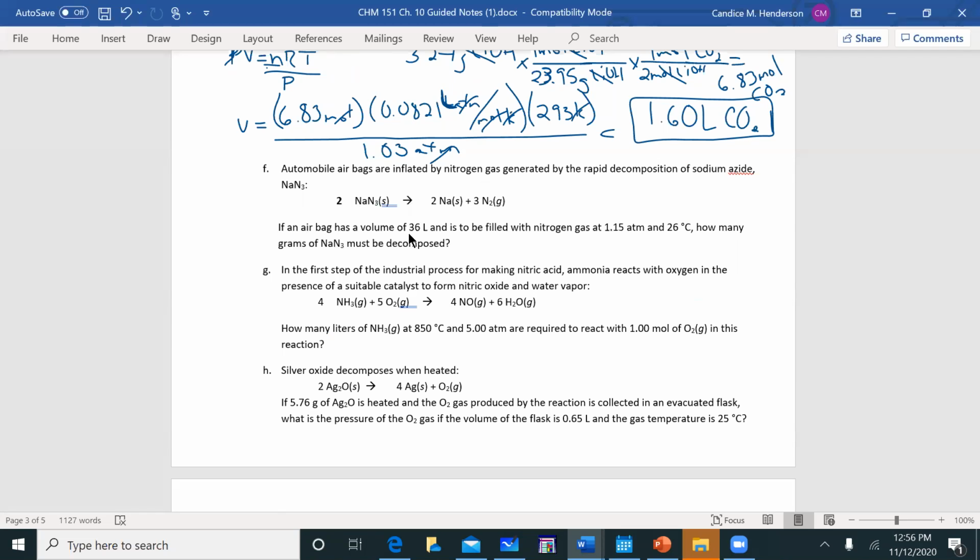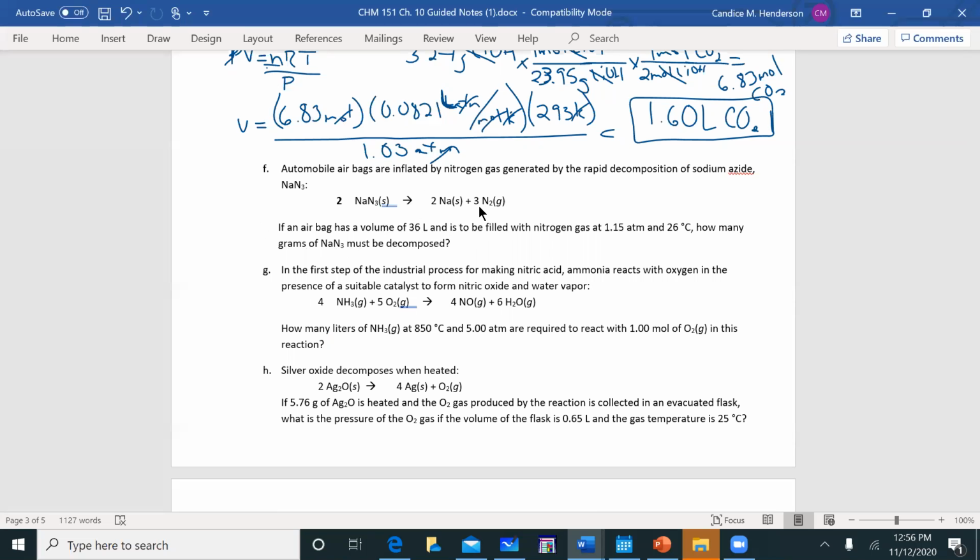So if an airbag has a volume of 36 liters and is to be filled with nitrogen gas at 1.15 atm and 26 degrees Celsius, how many grams of NaN3 must be decomposed? So I want you to try this one here. This is a problem similar to here where we have to combine PV equals nRT and stoichiometry, but we're going in the opposite direction.